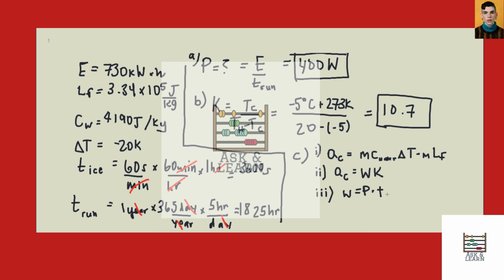So now you just need to get back to part C. You just need the time that you want to make the ice in. That's 1 hour, 3,600 seconds, times the power, which is 400 watts.